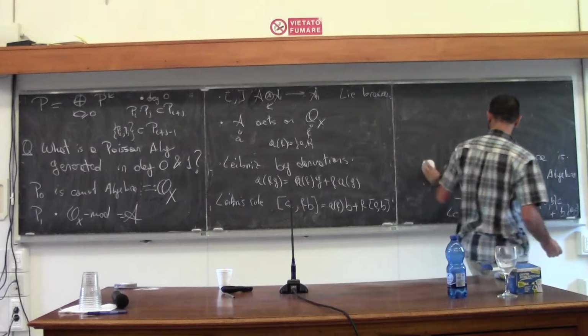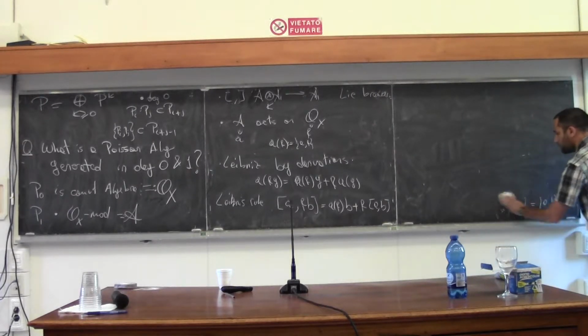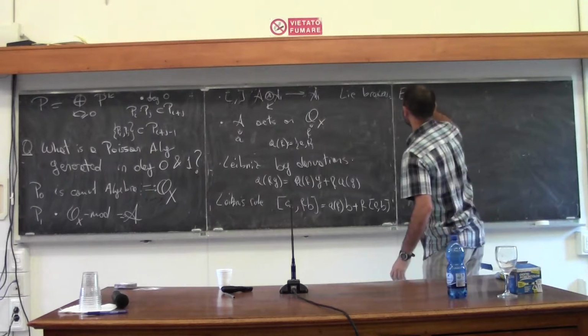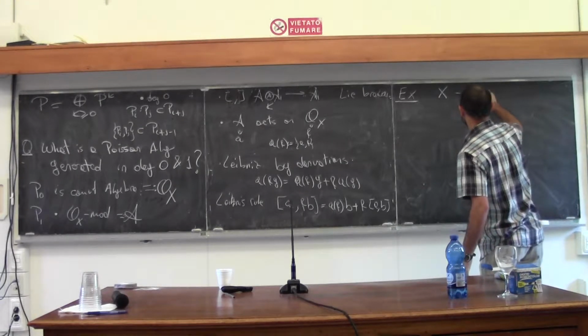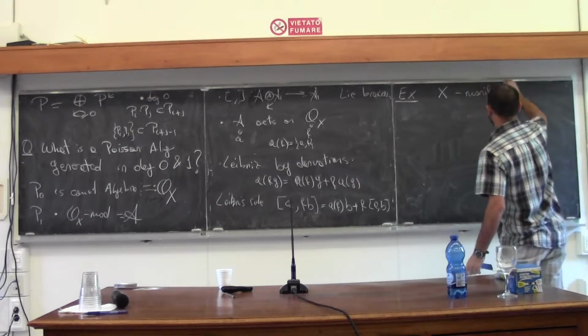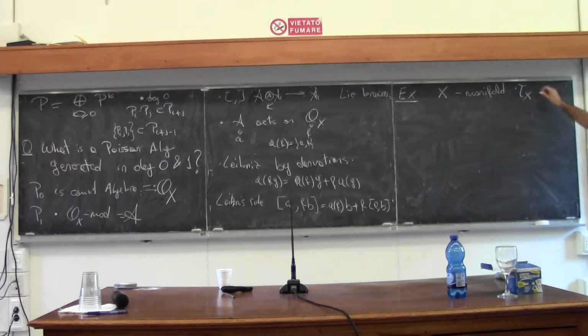Examples of such things, and I only care about one example because otherwise I'm not going to get to the infinite dimensional setting. The example is, let's look at X a manifold, T_X its tangent bundle, so vector fields.